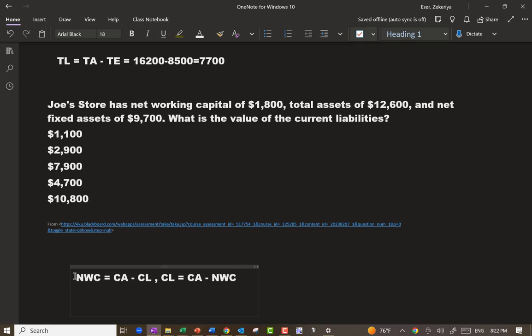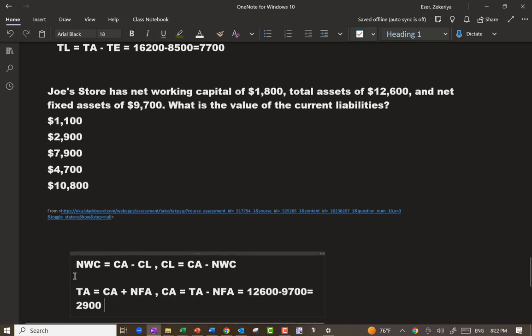What piece of information also contains current assets here? Total assets. Current assets plus net fixed assets. So current assets equals total assets minus net fixed assets. I happen to know both of them in this problem. So what is it? 12.6 minus 9,700.